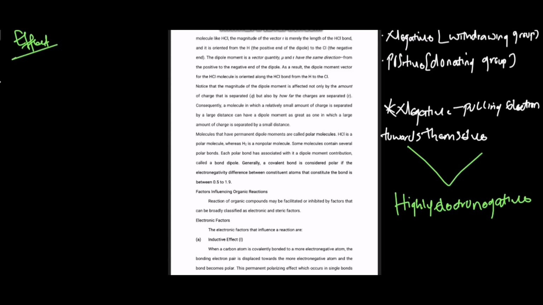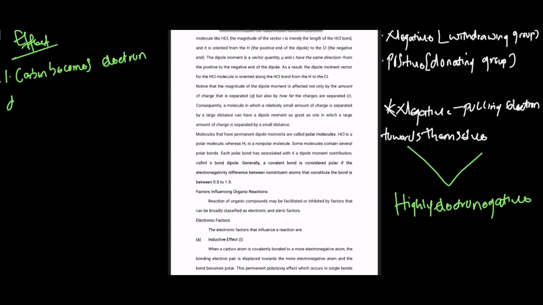Now, you know that when electrons are pulled away from carbon, using the carbon that we gave, the carbon becomes electron deficient. That is the effect of the negative inductive effect: when electrons are pulled away from carbon, it becomes electron deficit.